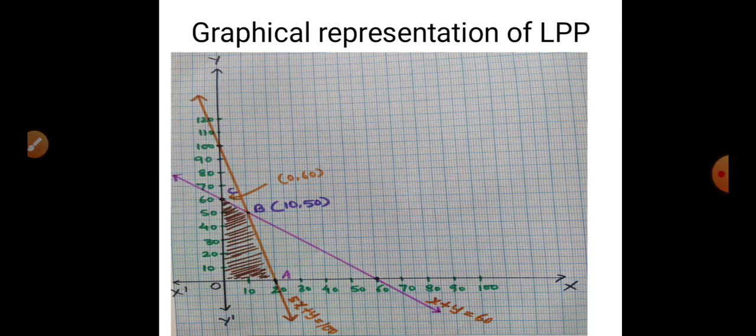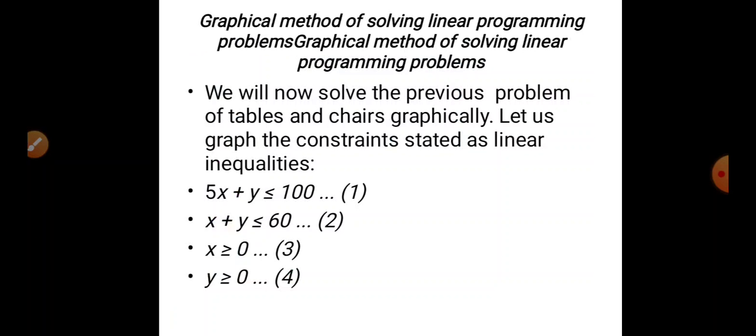And this is the shaded portion. The reason: in the first case, if you put x and y as 0, the inequality will be true. It means the answer will be toward the origin.